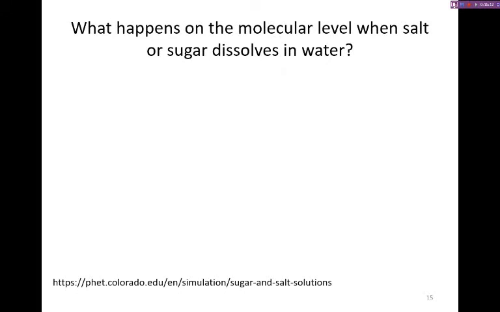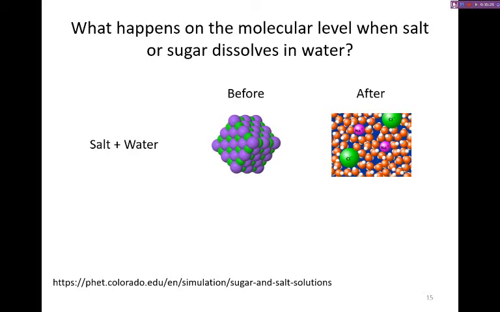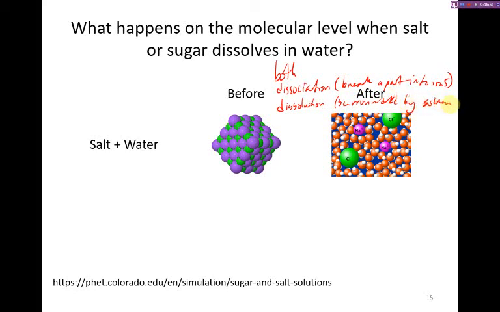Let's review a little bit to remind ourselves what the dissociation process versus dissolution process looks like. Remember, with salt and water, we have both dissociation, which is where it's breaking apart into ions, and dissolution, where it's surrounded by the solvent.